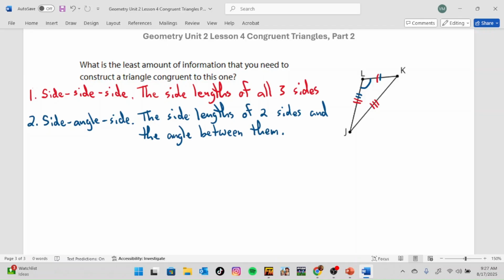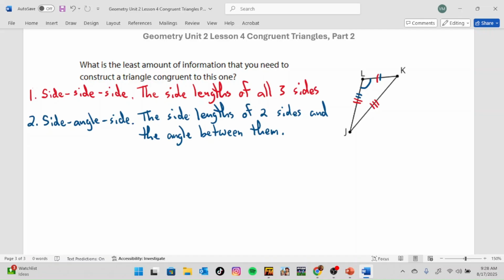And the reason that this works is that if I know how long LK is, I can draw it. Then, if I know the angle at which I should draw this adjacent LJ, then I'll know where to draw it. And then if I know how long LJ is, I can go ahead and draw it in.